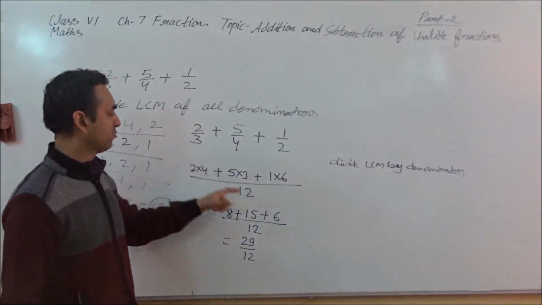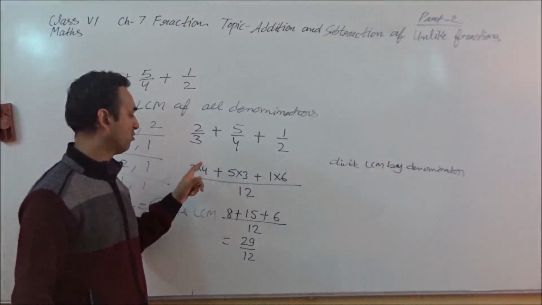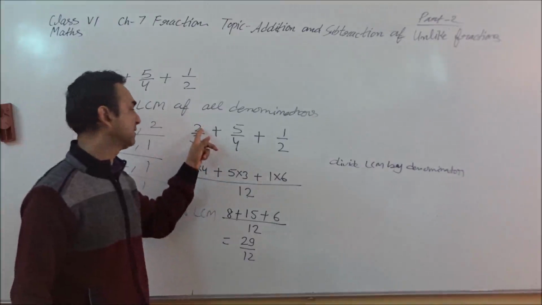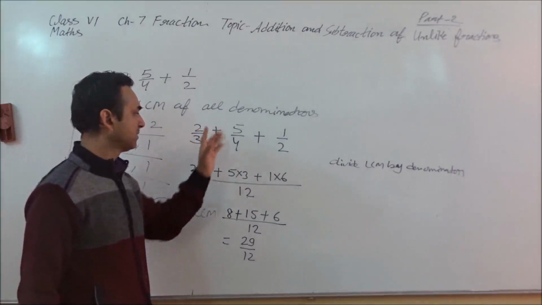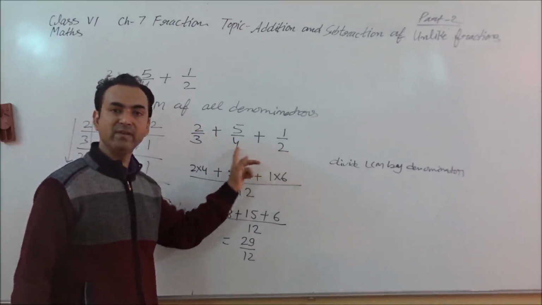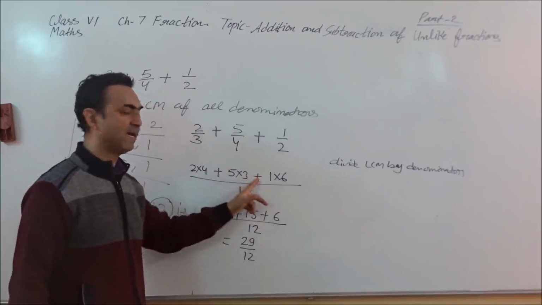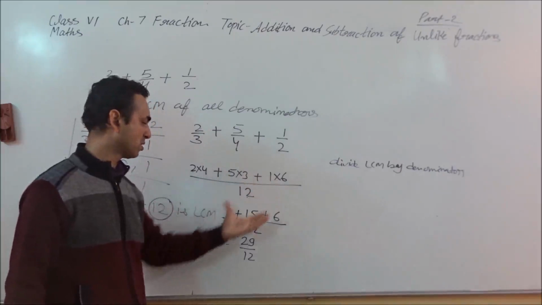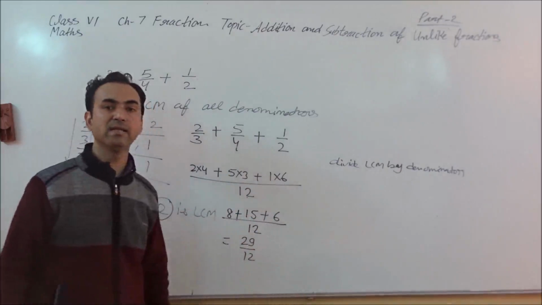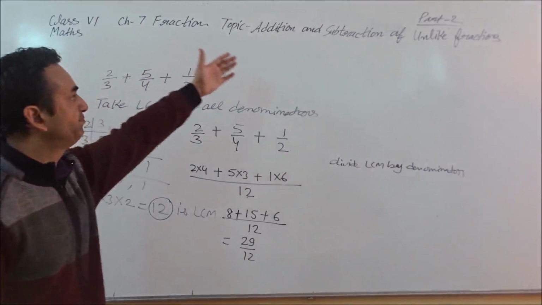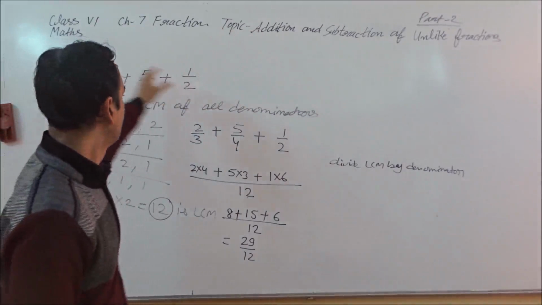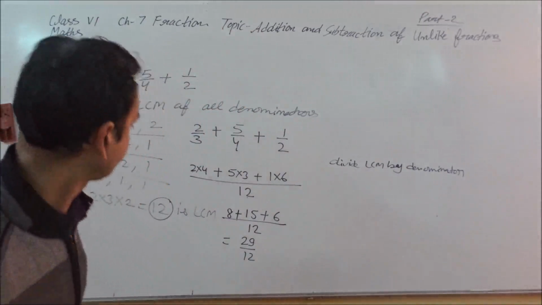Like 12 divided by 3, you will get 4, and 4 will be multiplied by its numerator. Now I will do this with all 3 fractions, and between them you will write the plus sign, and now we will solve like this and you will get the answer. Clear? And the subtraction, how will you do subtraction? I am explaining it here.